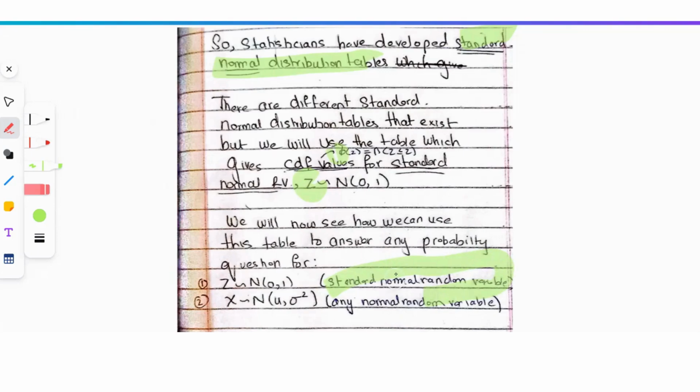To answer probability questions for normal random variables, the PDF and CDF won't work because we can't integrate the PDF directly. Instead, we use the standard normal table to answer probability questions for any normal random variable, regardless of whether it's standard or not. The table gives us probability values for the standard normal random variable, but we can use that to answer probability questions for any normal random variable in general, which we'll see later.